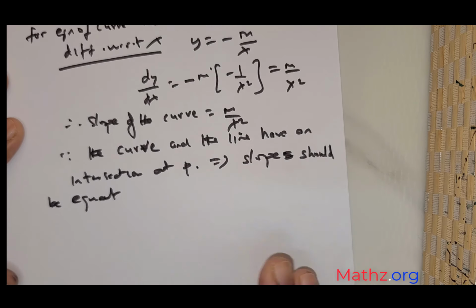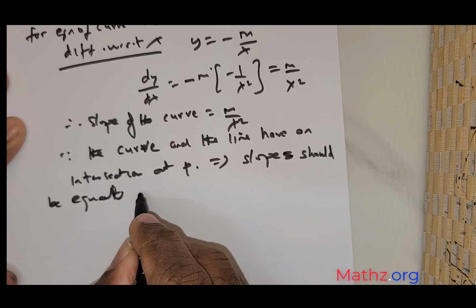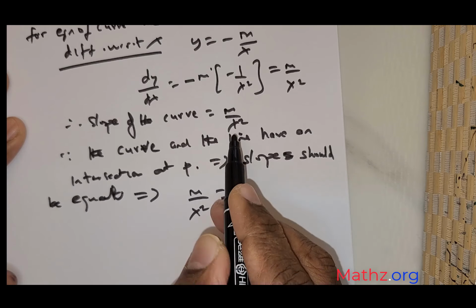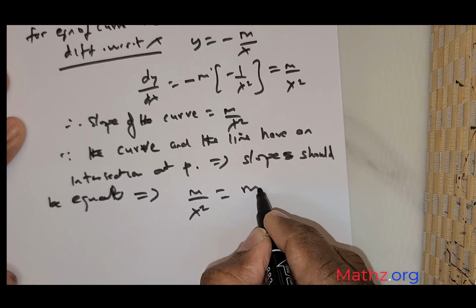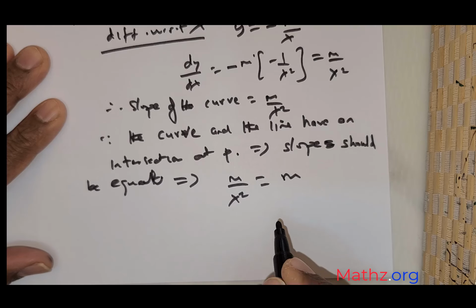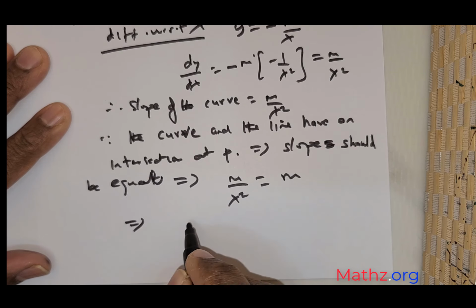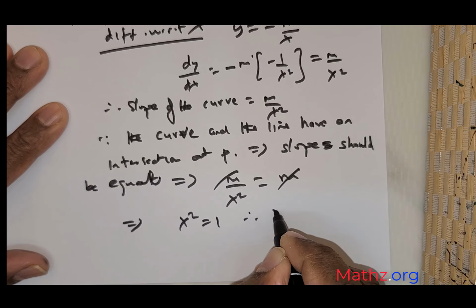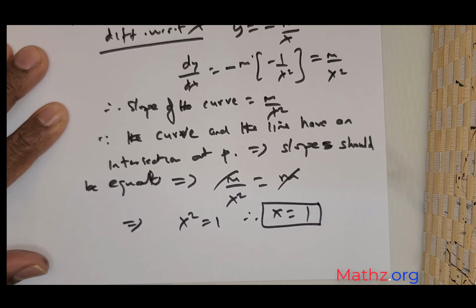So it's a point of contact. So m/x², the slope of the curve, is equal to the slope of the line. This in turn would mean m and m can be cancelled. x² = 1. I take only the positive value. x = 1.